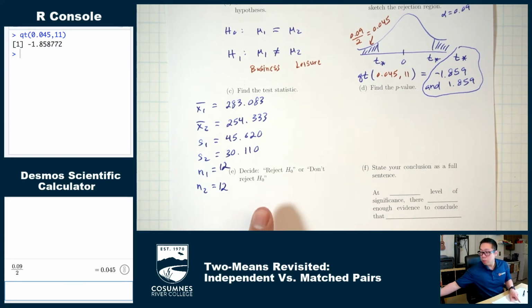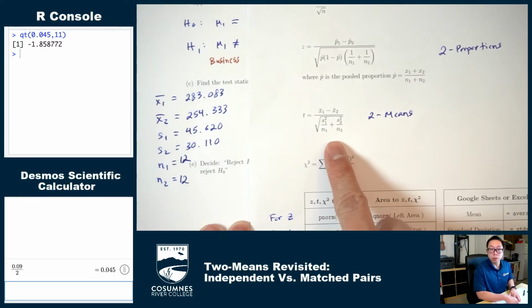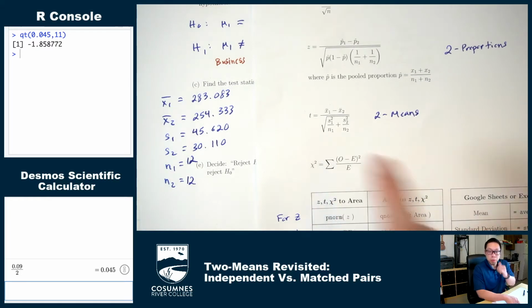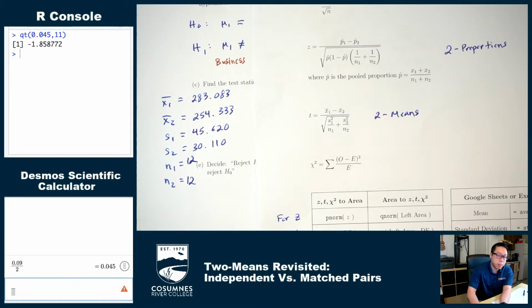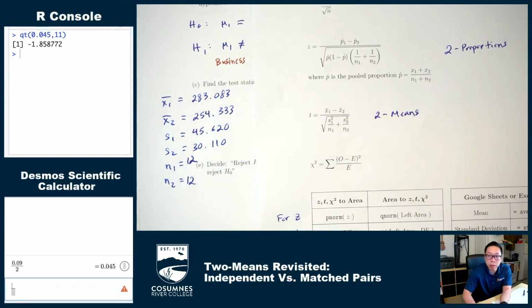Now we're going to enter these numbers into the formula for T. This is the formula for 2 means. So I'll do this in Desmos. Start off with a fraction. Up top, X1 bar minus X2 bar is going to be 283.083 minus 254.333.